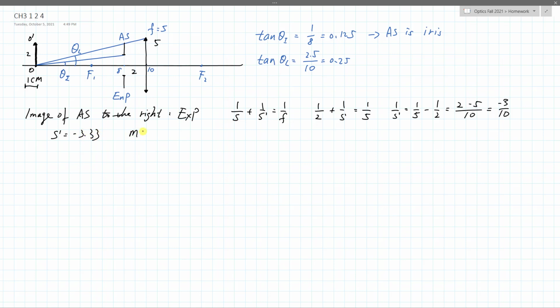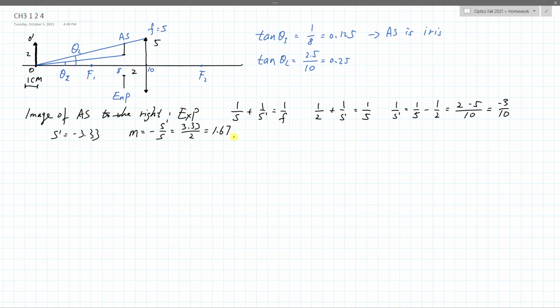We can also calculate the magnification, which is negative s prime over s. That is negative of negative 3.33, divided by s, which is 2 centimeters. So 1.67, so 67% transverse magnification bigger, basically making things bigger.